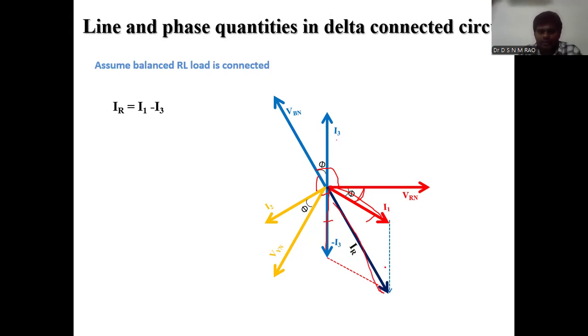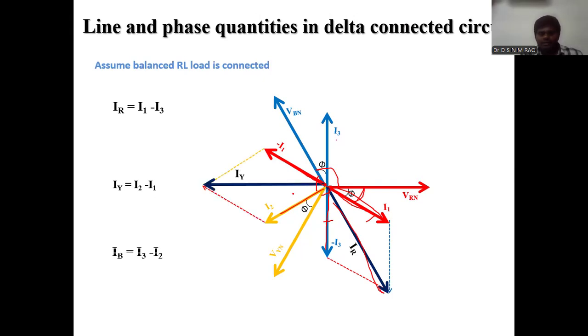Similarly, IY equals I2 minus I1. This is I2, and if you project this exactly opposite, it is minus I1. So the vector sum of these two phasors will give IY. Similarly, IB equals I3 minus I2.